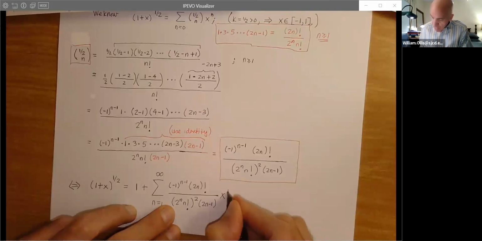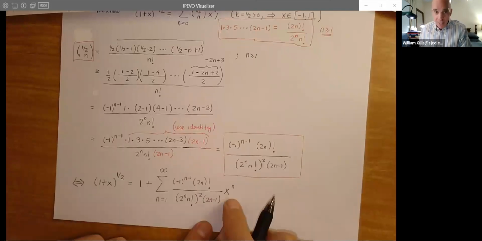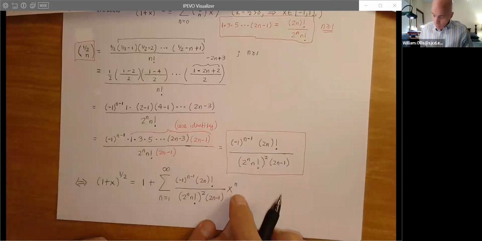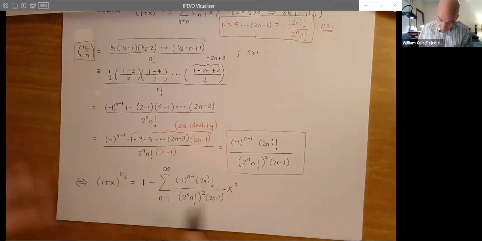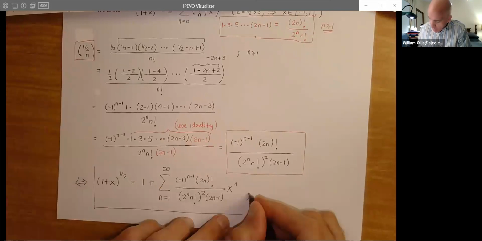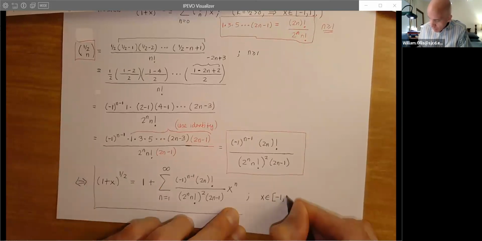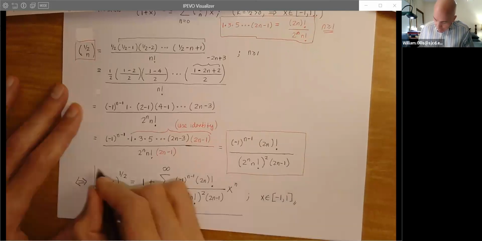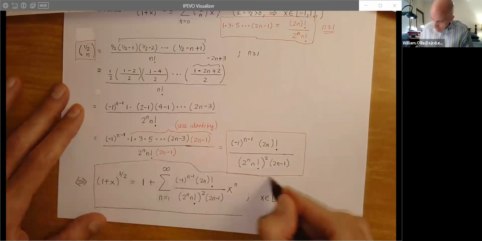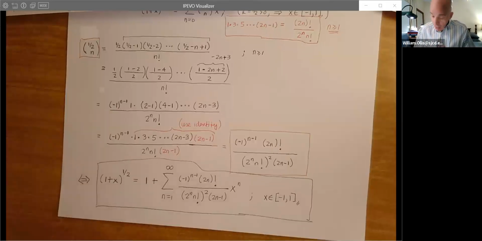Now you can stick the x to the n upstairs in the numerator, or just write it out to the side, your choice. I don't care, same thing. And we know that we get convergence with Raabe's test at the endpoints. So there's your WebAssign problem.